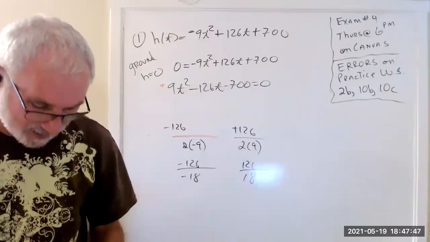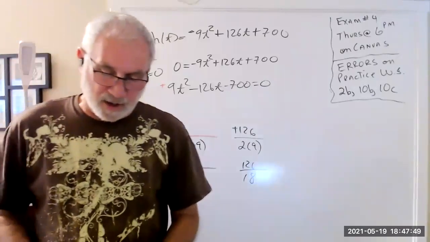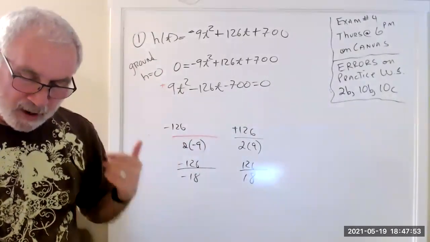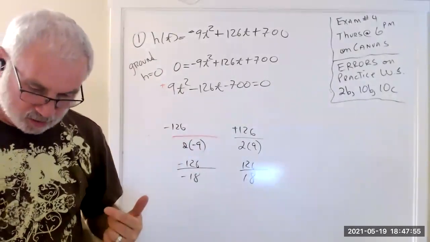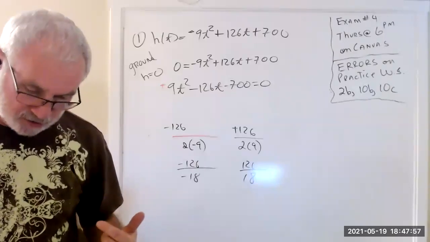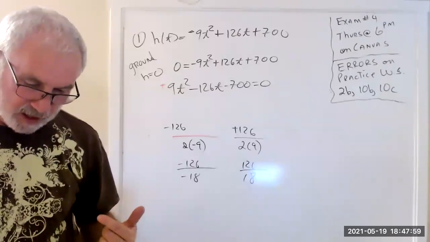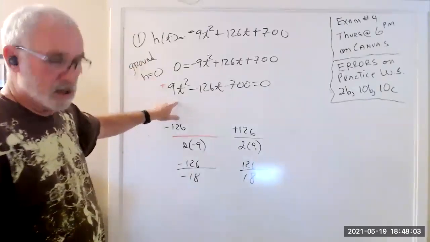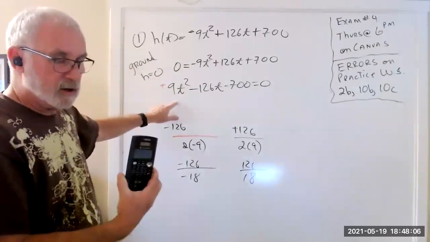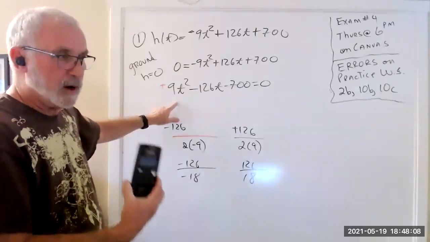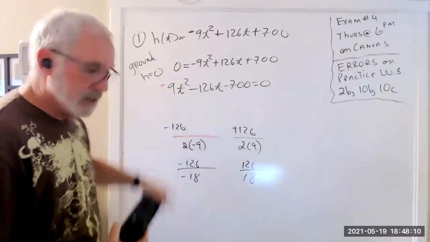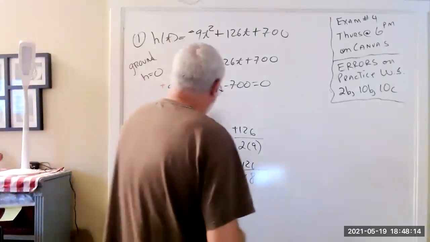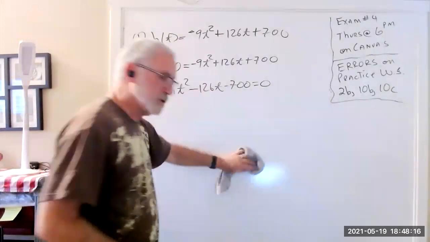Oh, no. Okay. My answer is right. My work is wrong because I cheated. I plugged this formula into my calculator and I got the right answers. But when I tried to show you my work, you are 100% right.